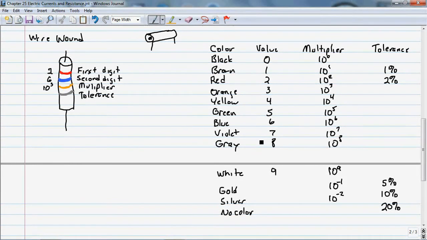And the tolerance is silver, so that's 10%. So the value of our resistor is 26,000 ohms, the unit is capital Omega, plus or minus 10%.